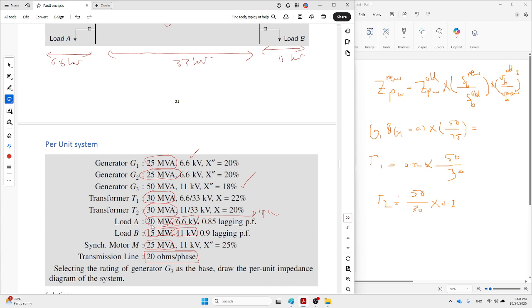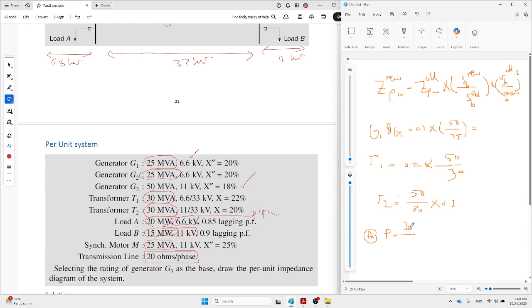The P for load A is 20 MW over 50 MW, which is 2 over 5, 0.4 per unit.